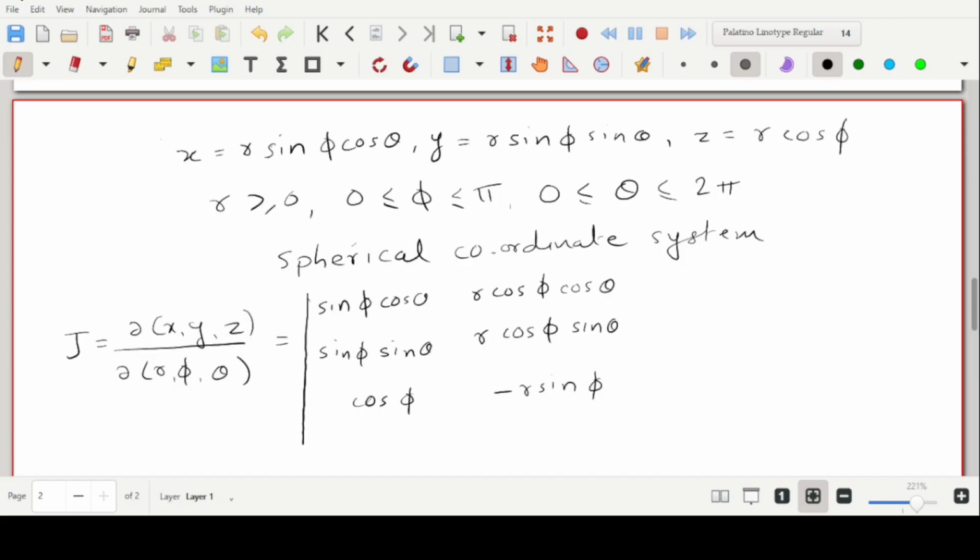Del x over del theta is equal to negative r sine phi sine theta, del y over del theta is r sine phi cos theta, and this will be 0.